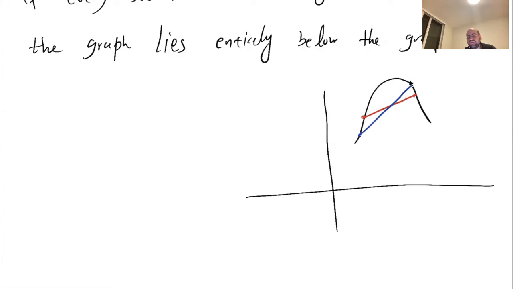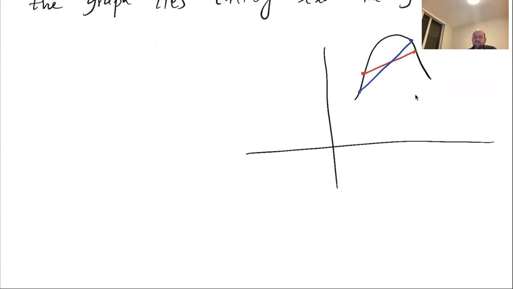The graph is entirely above the blue line segment, and here, again, the graph is entirely above the red line segment. Okay, so this is a definition of concavity.